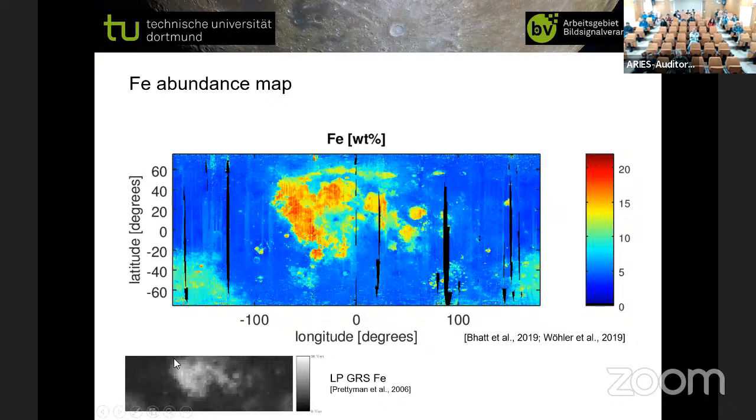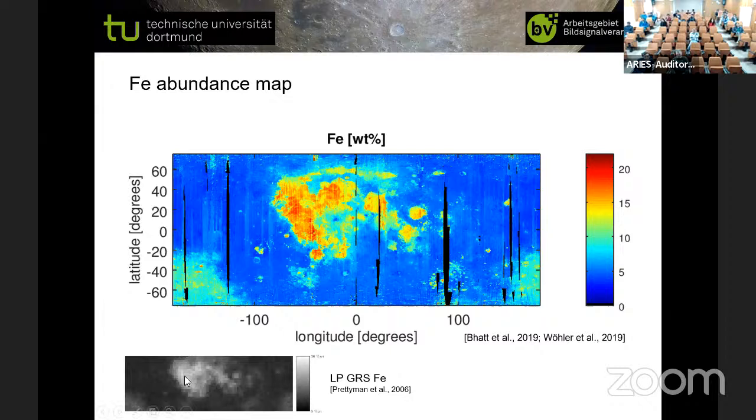They come from completely independently measured elemental abundance data, where the method is gamma ray spectroscopy, Lunar Prospector gamma ray spectrometer, iron. That is simply counting iron atoms by counting the decays within the nuclei of iron atoms of different isotopes.